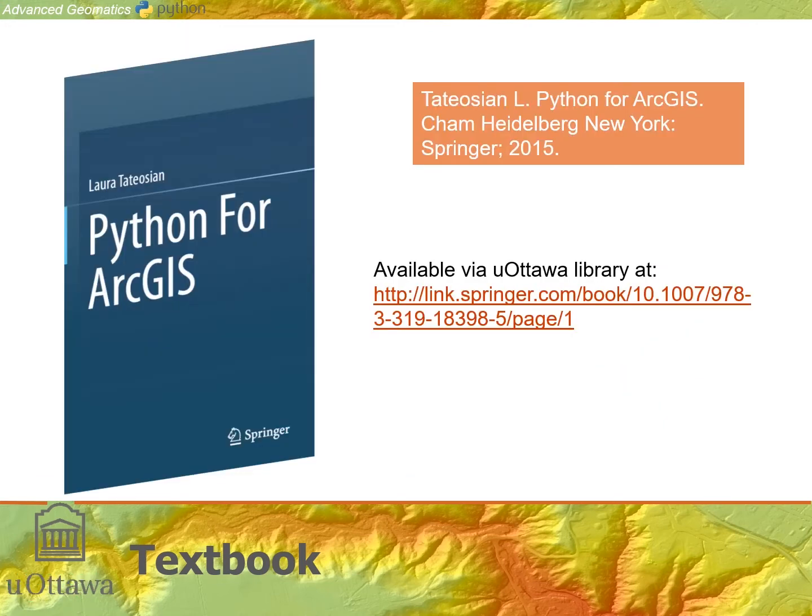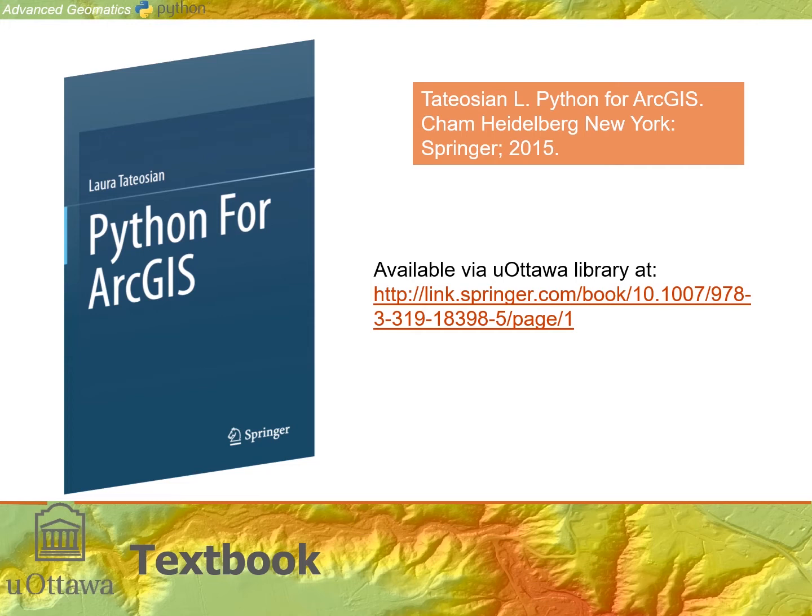We also have a book that's available to us for free, which is Python for ArcGIS. This book is also geared towards ArcGIS Desktop with examples, but 95% of the material in it applies equally to ArcGIS Pro.